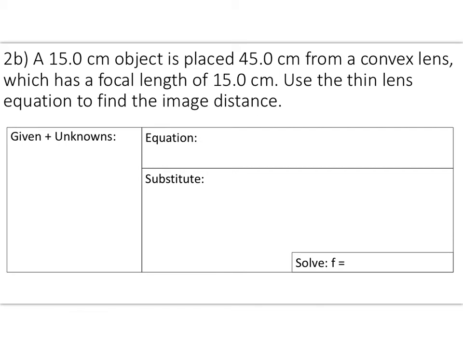So let's look at our givens again. This 15 centimeter object, that's telling you how tall the object is, or the object height. Now we don't actually need that for this equation. That's an additional piece of information. What we want is this one. It's placed 45.0 centimeters from the lens.